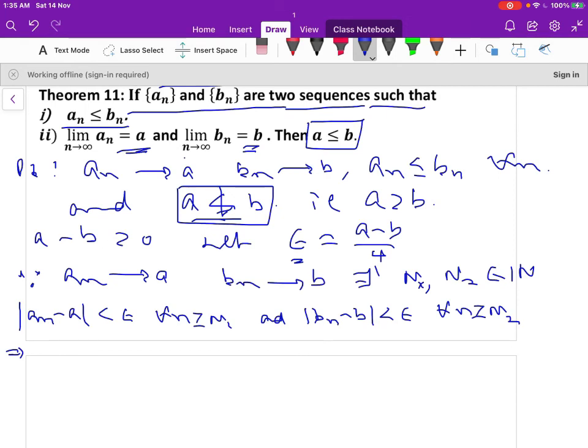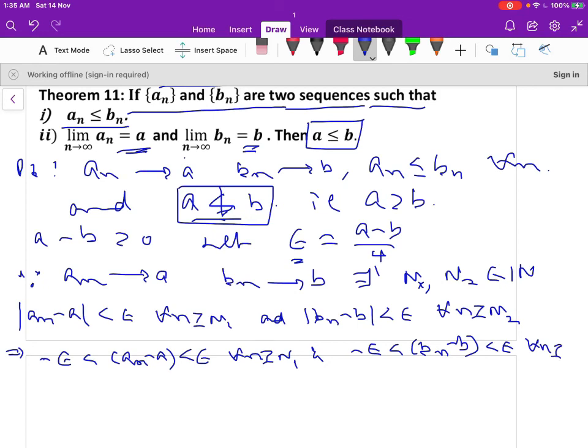So this implies, remove the modulus here, minus epsilon less than an minus a less than epsilon for all n greater than or equal to n1, and minus epsilon less than bn minus b less than epsilon for all n greater than or equal to n2.